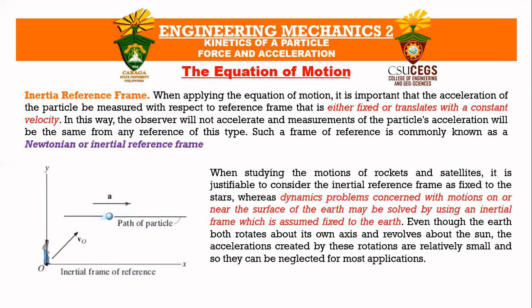Whereas dynamics problems concerned with motions on or near the surface of the Earth may be solved by using an inertial frame which is assumed fixed to the Earth. Even though the Earth both rotates about its own axis and revolves about the Sun, the accelerations created by these rotations are relatively small, and so they can be neglected for most applications.